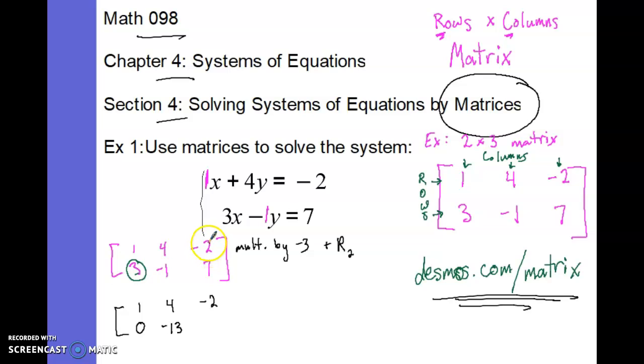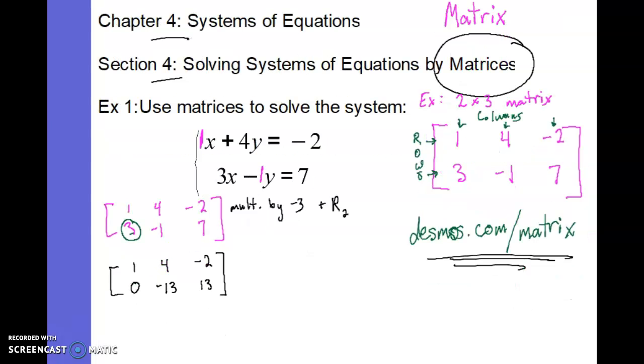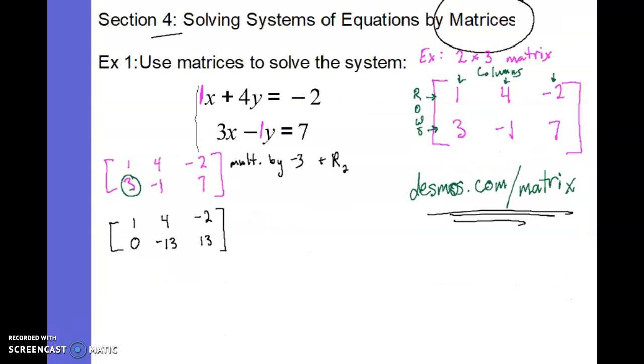And then -2 times -3 is 6 plus 7 equals 13. Now this is not all that they want you to do. The next goal is to look at this number and make it equal 1. Then your new matrix would look like this: 1, 4, -2, 0, 1.